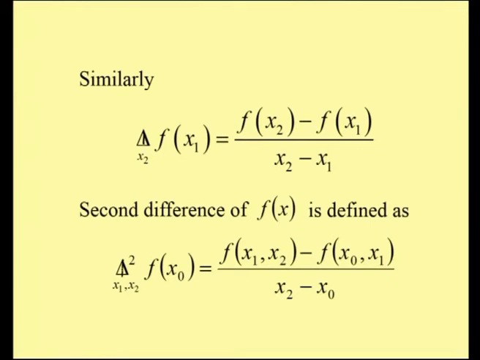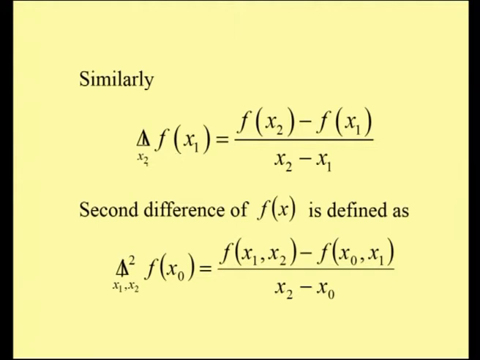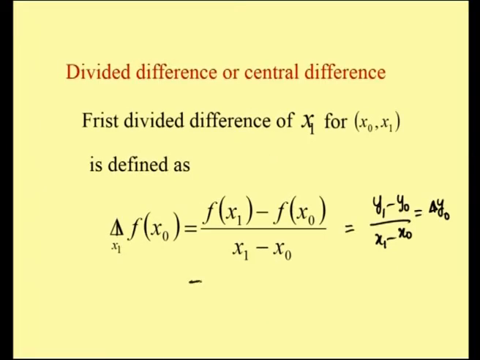Similarly, for the second one, the first difference value, del f of x1 for x2, is f of x2 minus f of x1 by x2 minus x1, and the second difference is del square f of x0 for x1, x2 values: f of x1 comma x2 minus f of x0 comma x1.